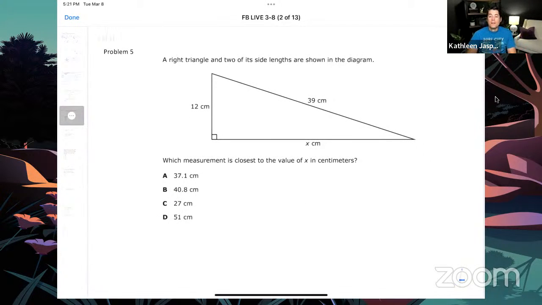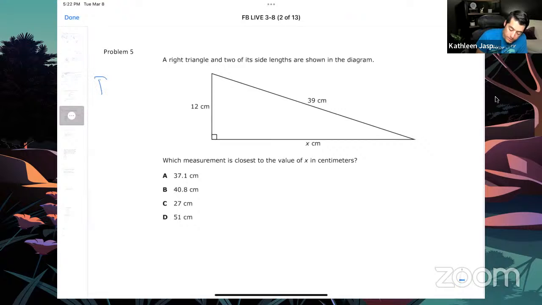Okay. Next one, we have a right triangle and two of its side lengths are shown in the diagram. Which measurement is closest to the value of x in centimeters? So we've got ourselves a good old fashioned right triangle where we have two sides and we're missing the third. What do we do when we have a right triangle and we have two out of the three sides?